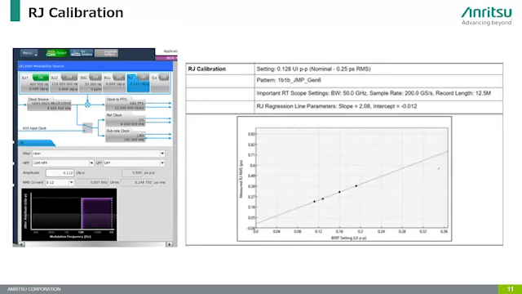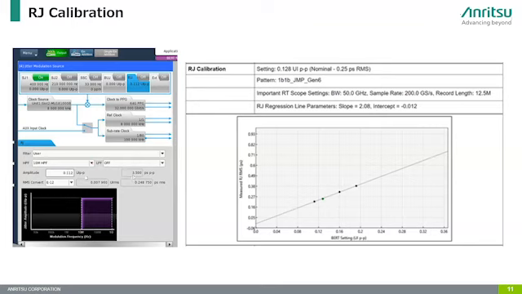This is a measurement example of RJ calibration, and it uses this portion to get the target 250 femtosecond RMS. RJ is also very tricky because there are different descriptions: UI peak to peak, picosecond peak to peak, then UI RMS and picosecond RMS.